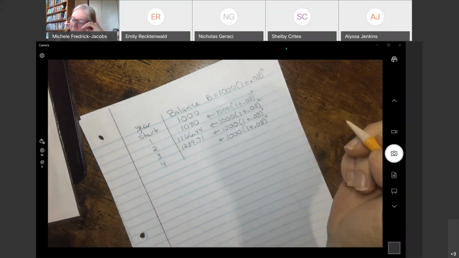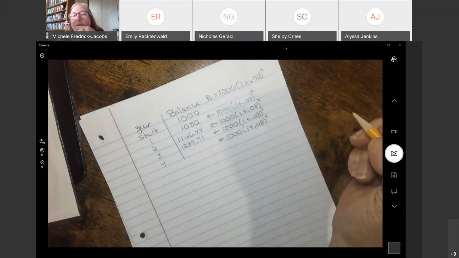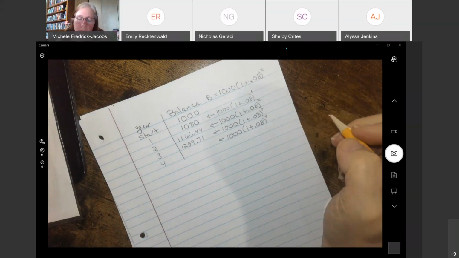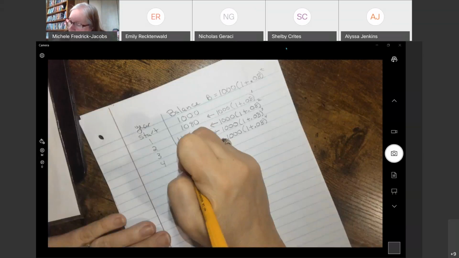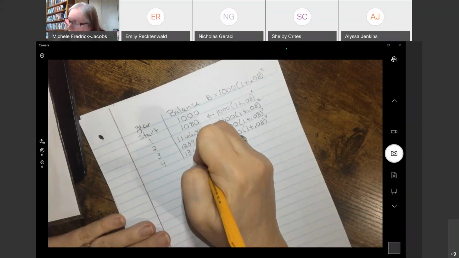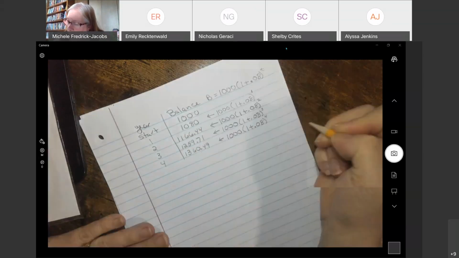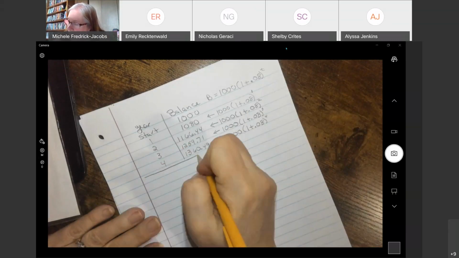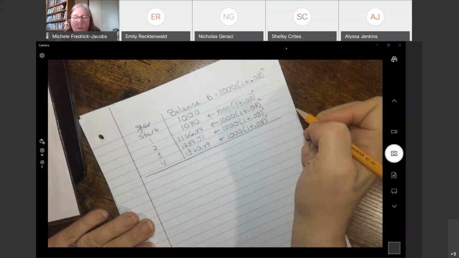For the third year, you're getting $1,259.71. And then $1,360.49. Any questions on that?